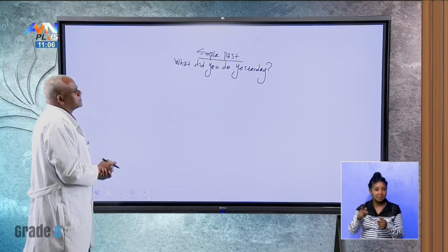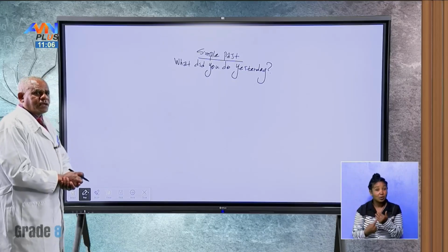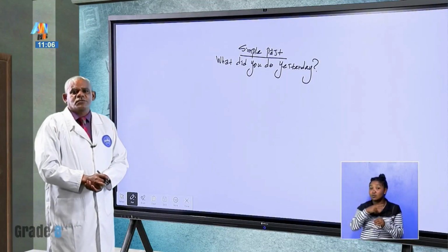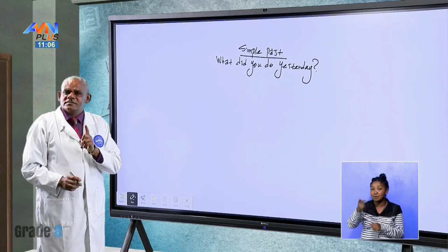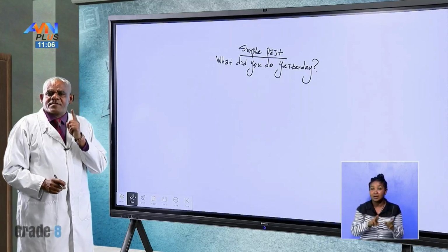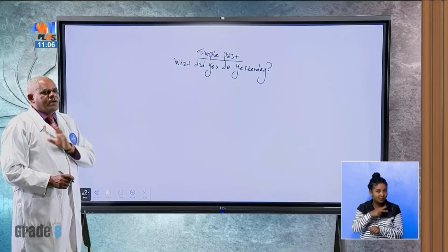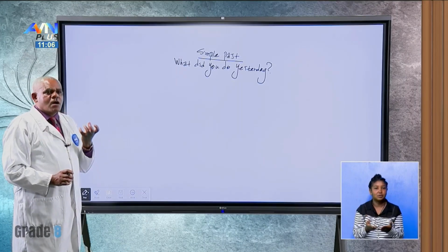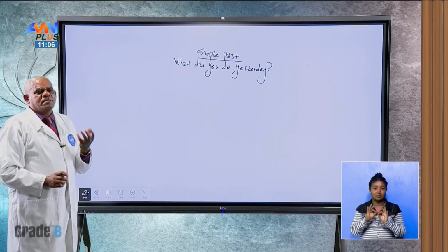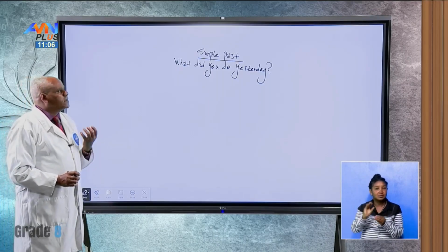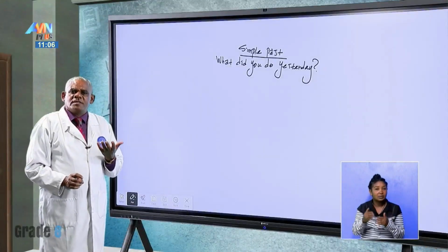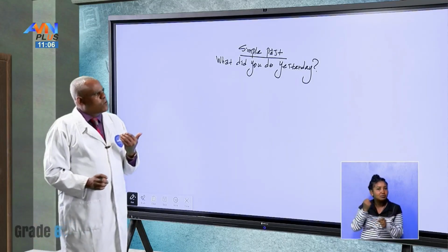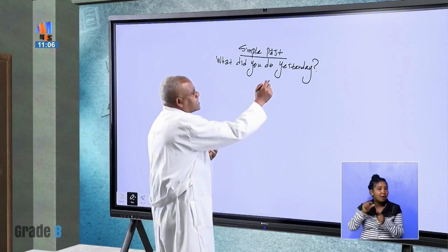Simple past. So when you think about simple past, students, don't forget the verbs that we learned in the previous lesson, regular and irregular past verbs. They're very important. You are welcome to study a lot of words that are similar to this context in order to talk about simple past. So what does 'What did you do yesterday?' mean? The word yesterday by itself is a past action.